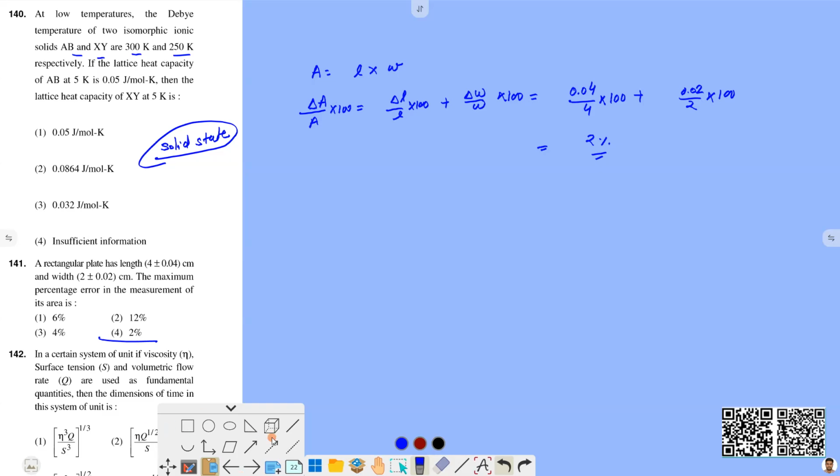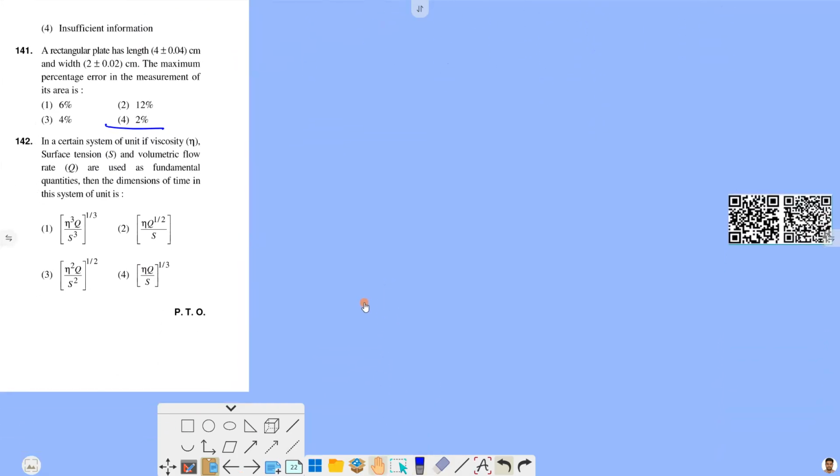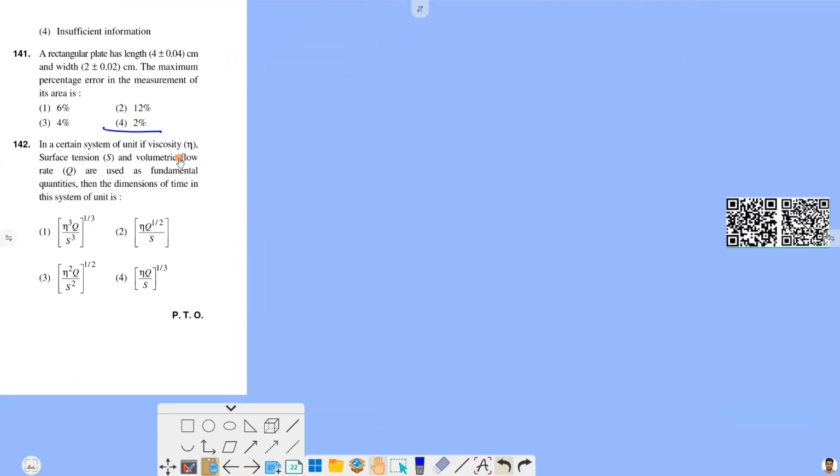Now let us move ahead to 142. In a certain system of units, if viscosity eta, surface tension S, and volumetric flow Q are used as fundamental quantities, then find the dimension of time in that system. So for this type of question, we know in dimensional analysis that time can be written as eta raised to power a, surface tension raised to power b, and volumetric flow Q raised to power c.